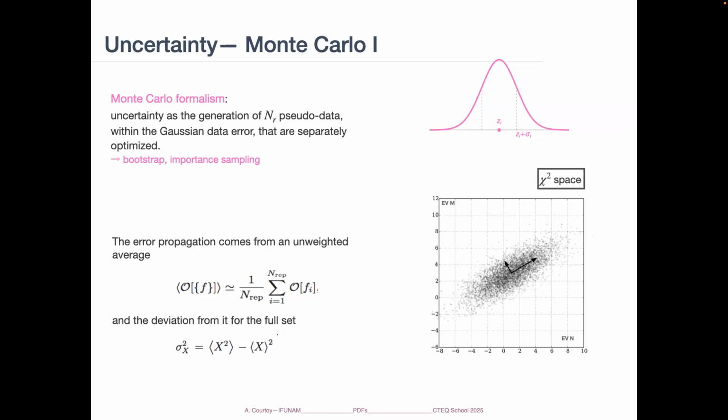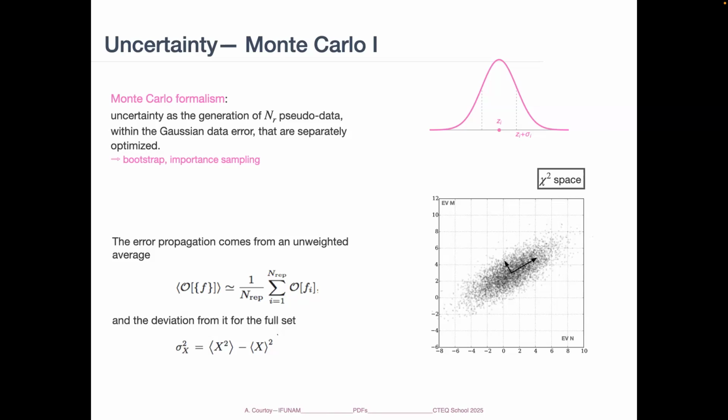You say, my uncertainty is Gaussian, and instead of having just one data point, I generate 100, 1000, whatever I need to reproduce that. So I don't have one point with an uncertainty, I have a set of pseudo data or replicas of the data. So you do that in the data space. You just generate this density here, and then you do the fit 100, 1000 times, whatever you need to do. That's what you do here.